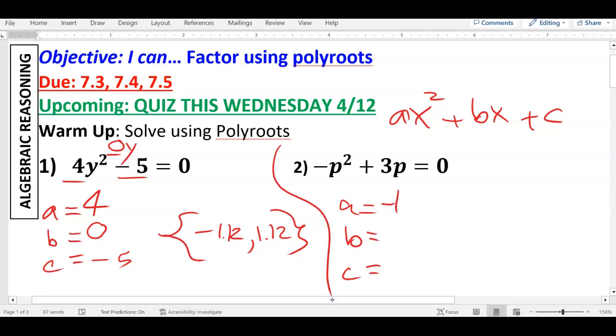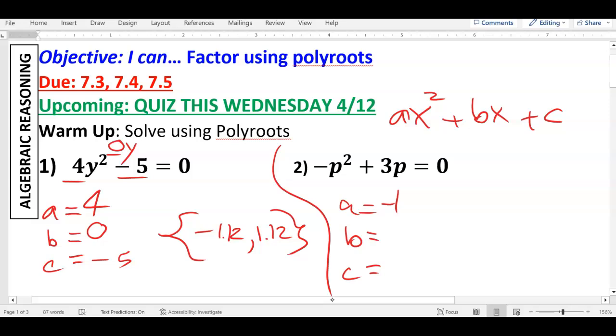And then, do I have a p? Sorry. So this problem has a p variable, correct? And what's the coefficient in front of the p? 3.